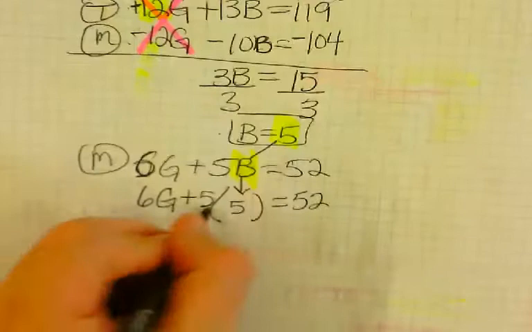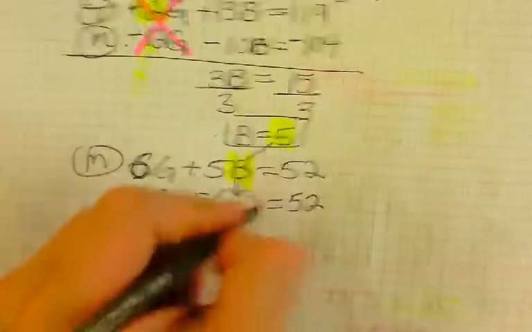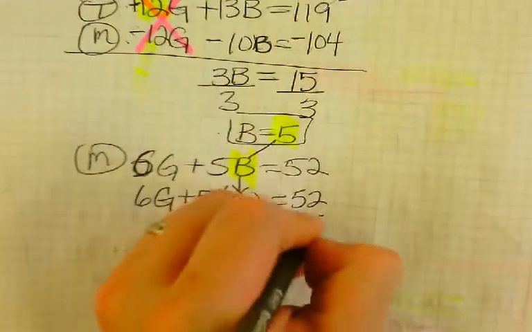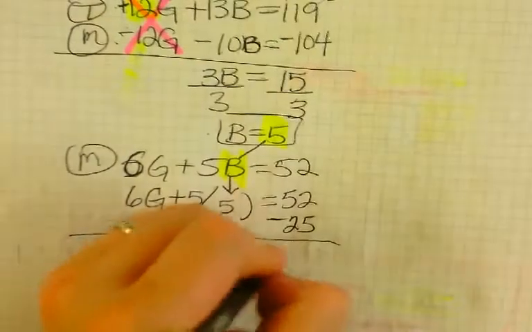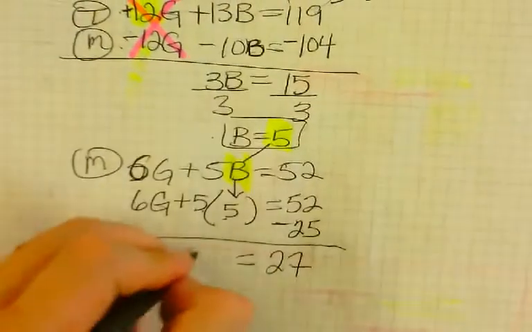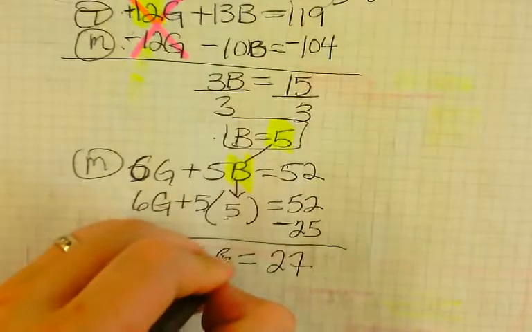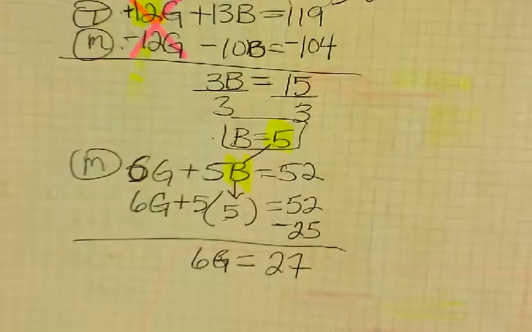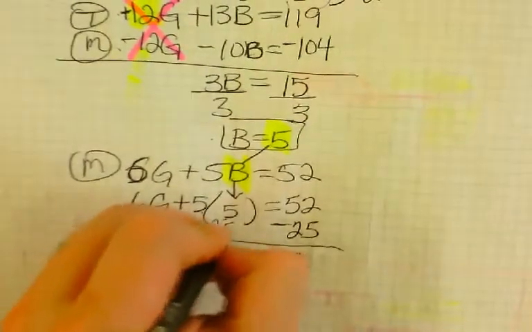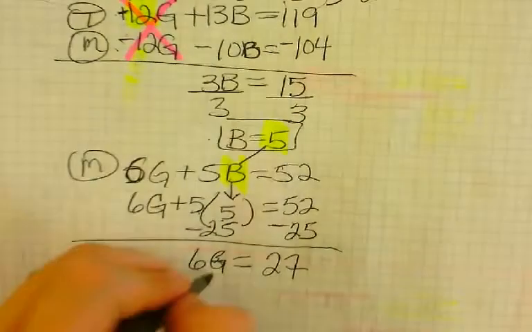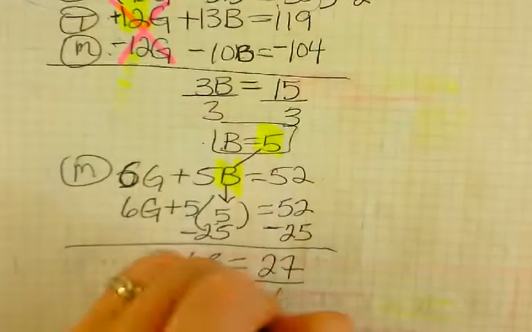All right, Eric, what's 5 times 5, man? 25, and 52 minus 25 is 27, okay? And then I've still got 6G. All right, so dividing through by your 6.